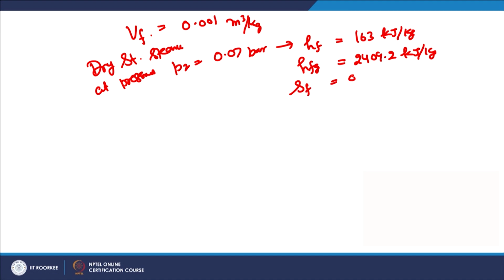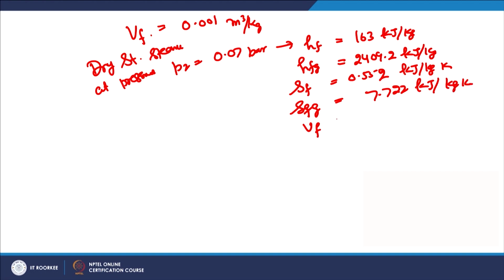SF 0.552 kilojoule per kilogram Kelvin. SFG is equal to 7.722 kilojoule per kilogram Kelvin. V3, or specific volume, is equal to 0.001 meter cube per kilogram. Now we are having the data with us.